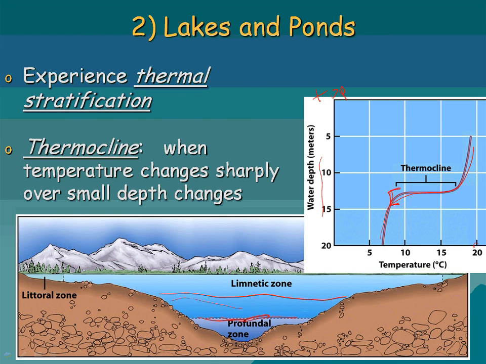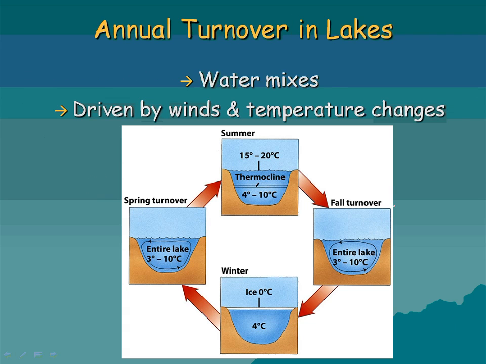Okay? Alright, and so something that is very important in lakes is called annual turnover. I'm just underlining it because I know that's extremely helpful. And it's this process where lakes kind of rotate the water and mix up the water.